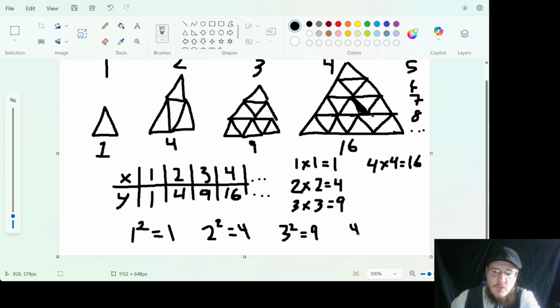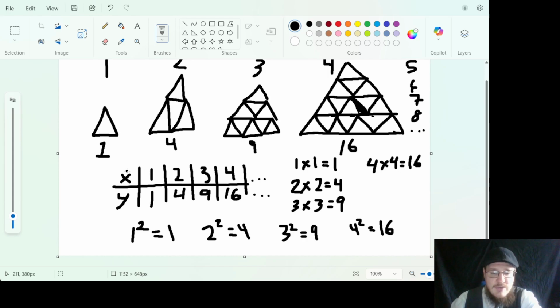And then we did 4 to the power of 2 to get our 16. Boom, we have our pattern here. In this case, this is our term, each step of our pattern here.